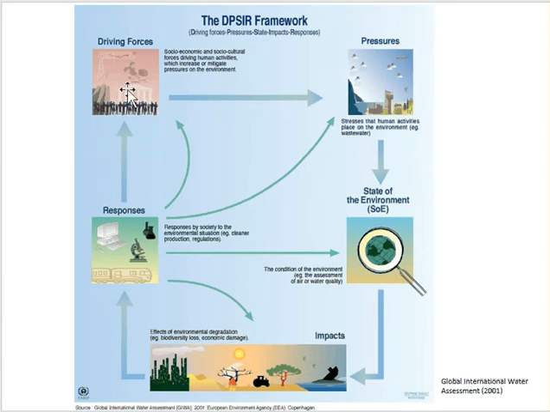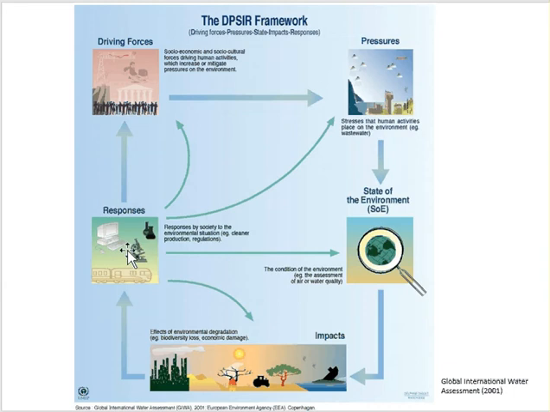But not only driving forces, our response can also reduce pressures while actually allowing the underlying driving force to continue, except that we direct that driving force into a different area, which is less ruinous to biodiversity.